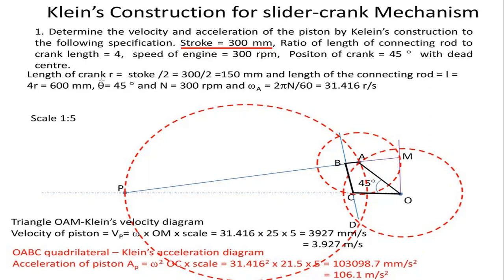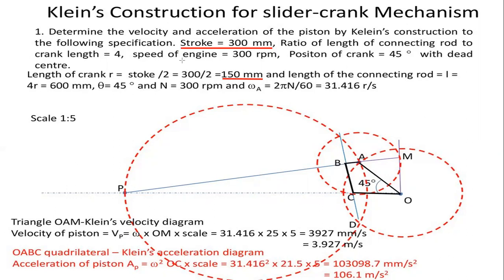So length of the crank R is taken as stroke by 2, that is 300 by 2, that is 150 mm in length.